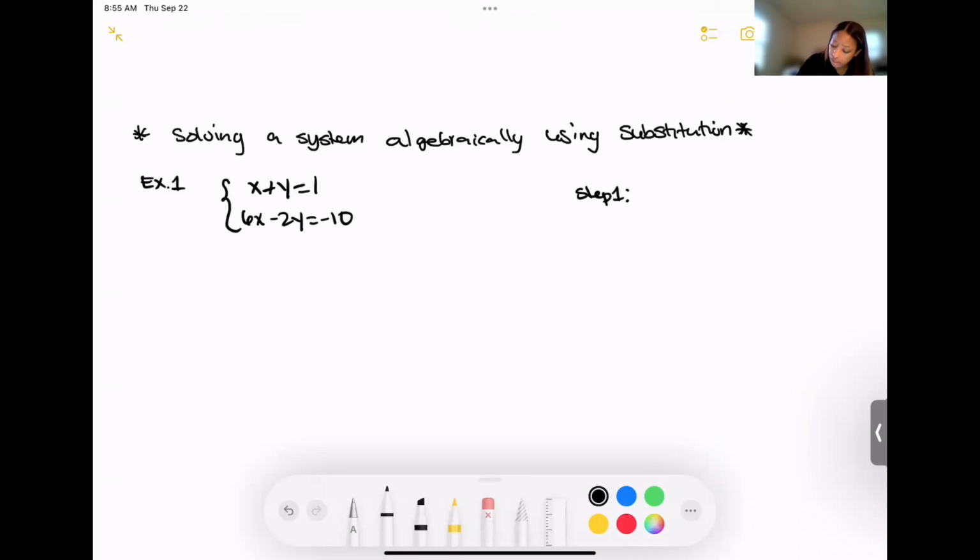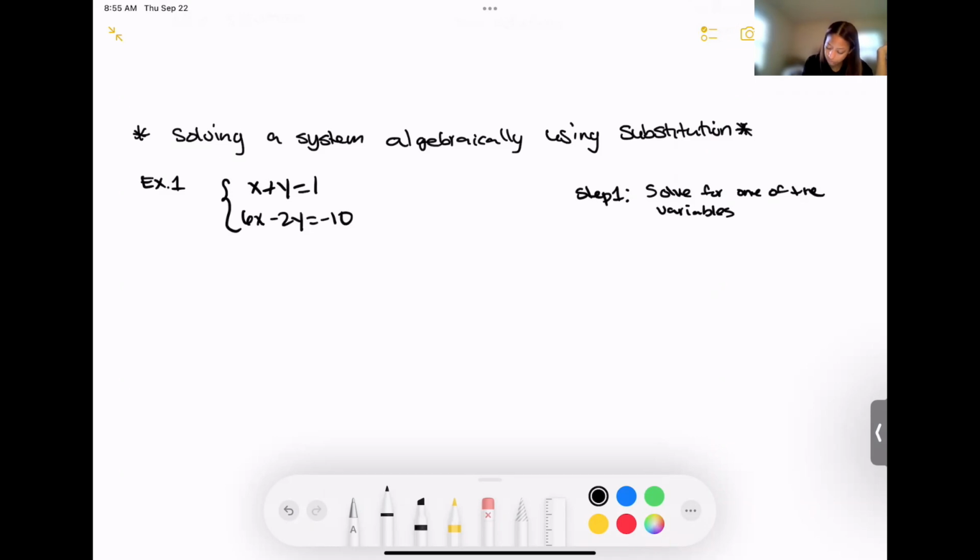Okay, so step 1 is use one of the equations to solve for one of the variables. It usually doesn't matter which one. You want to pick whichever one is easiest. And like I said, in this case, it would be easy to use that first equation to solve for either one of these.